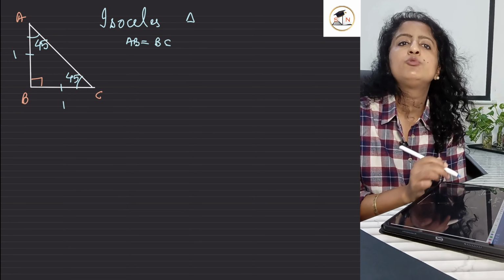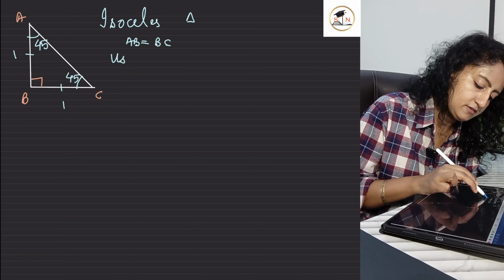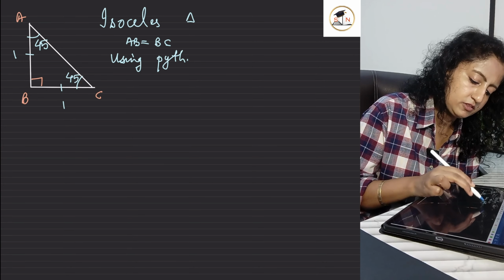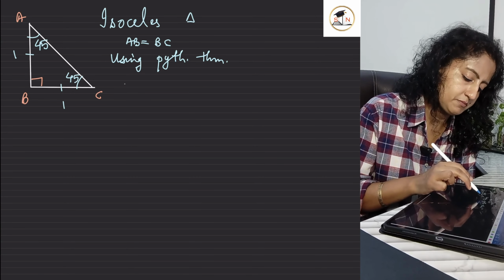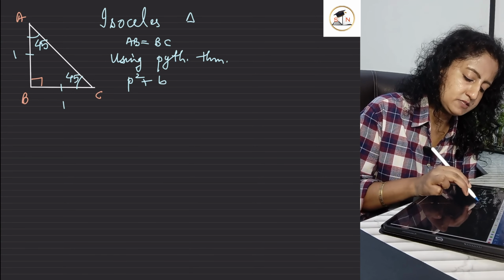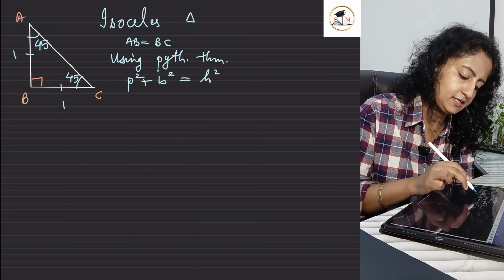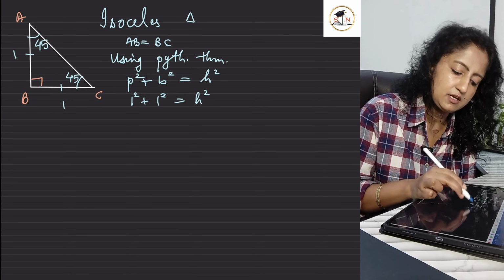Now, we do not have the hypotenuse. So let's calculate using Pythagoras theorem. Right? Now, using Pythagoras theorem means P square plus B square equals H square. So what do we get? P is 1, B is 1, H is unknown.